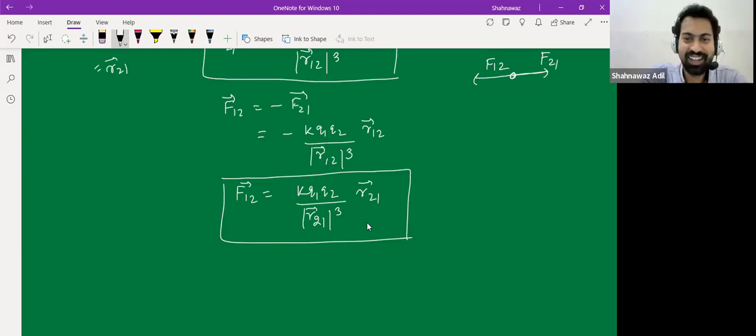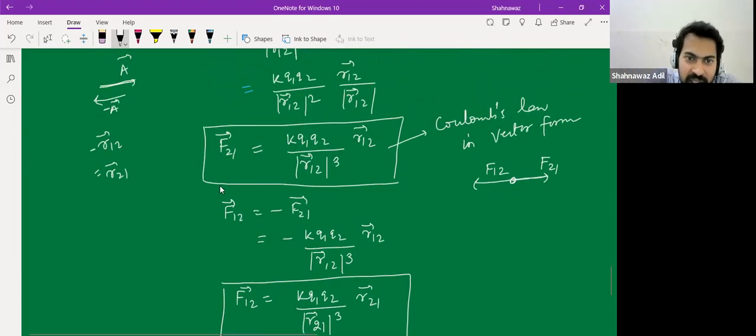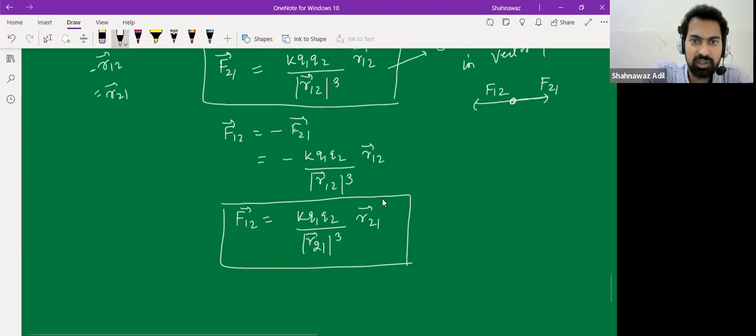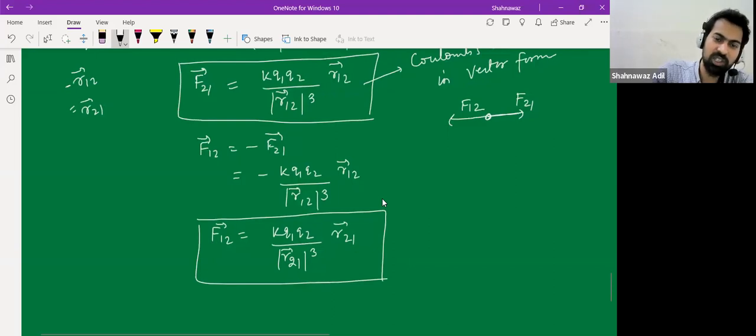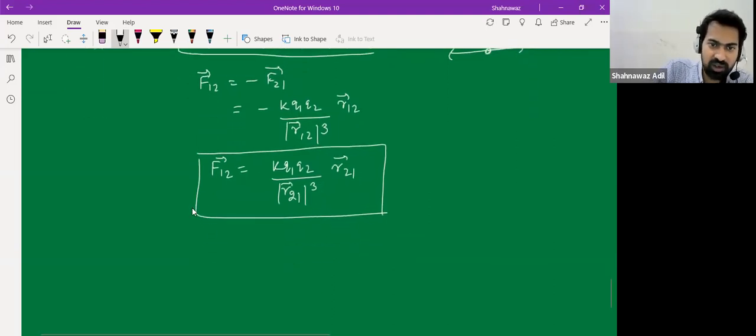Yes, so please note down this part. And you see that whenever you want to calculate the 2, 1, then the vector would be 1, 2, right? So just remember that. One more thing, we can write this like this also.